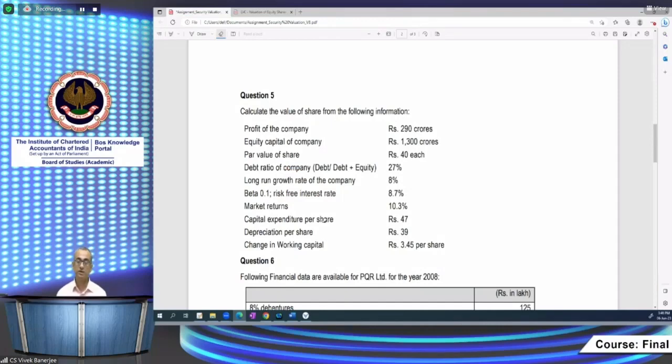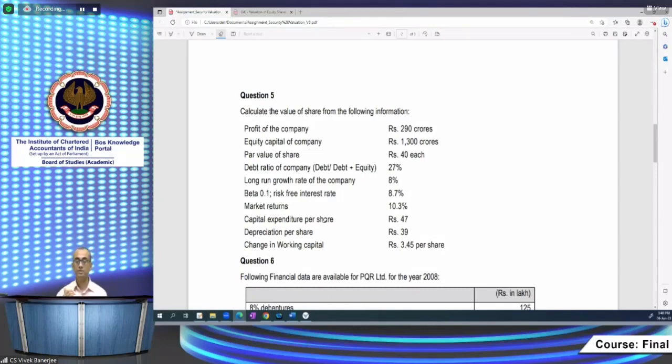Okay, students, welcome back. We have taken the first four questions of the assignment on the valuation of equity shares. Now I will take question number 5. Just read this question. From whatever figures are given, what is your take? Which growth model should be used in this case while calculating the present value? Whether the dividend discount model, the earning growth model, or the free cash flow method will be used?